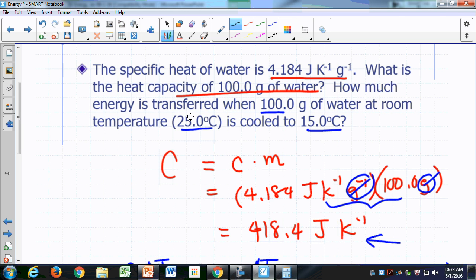How could that happen? You have to put your water in contact with something colder, like you put it in a freezer where the air is colder than 25 degrees. Or you have to put ice around it. So that's the way you can get the energy to go out of your water. Put it in contact with something colder, something whose average kinetic energy of the atoms is lower than in the water itself.